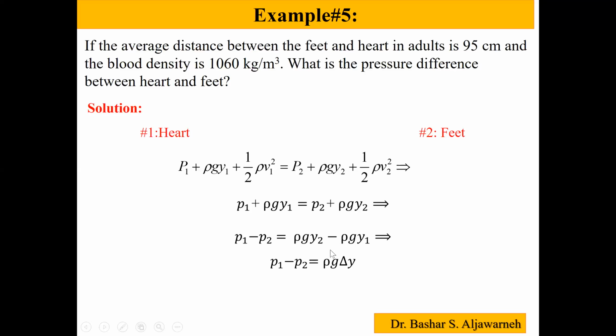But delta y here is y2 minus y1, which is already given as 95 centimeters, but you have to convert it into meters, which is 0.95 meter. So plug in your numbers, you will get P1 minus P2, which is 10.07 kilopascal.